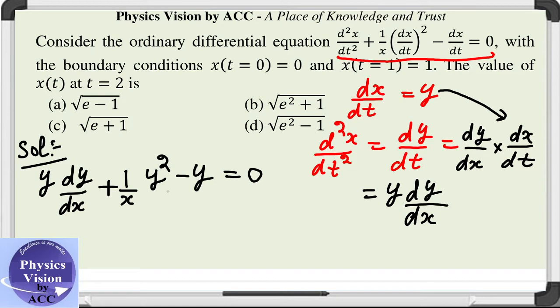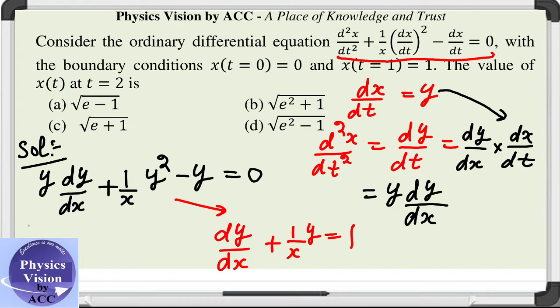Dividing the equation throughout by y, we get the equation as dy by dx plus y by x is equal to 1. This is our given differential equation now.